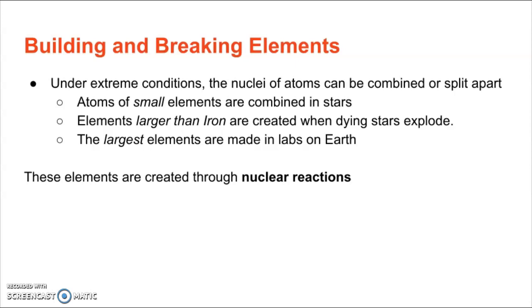All of the elements that are larger than iron, Fe, element number 26 on your periodic table, are created when dying stars explode. The largest elements on Earth are made in labs, so they don't naturally occur; they are made by scientists. All of the elements on the periodic table are created through nuclear reactions.